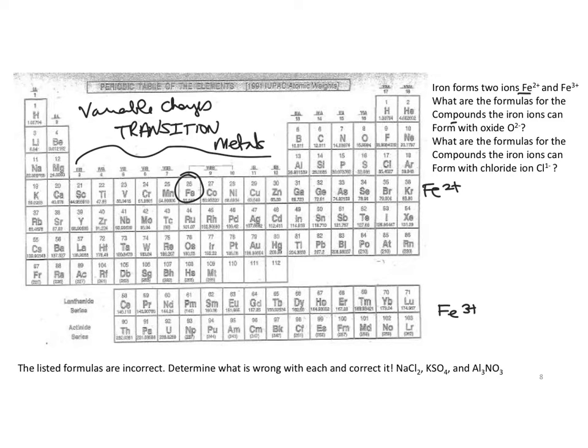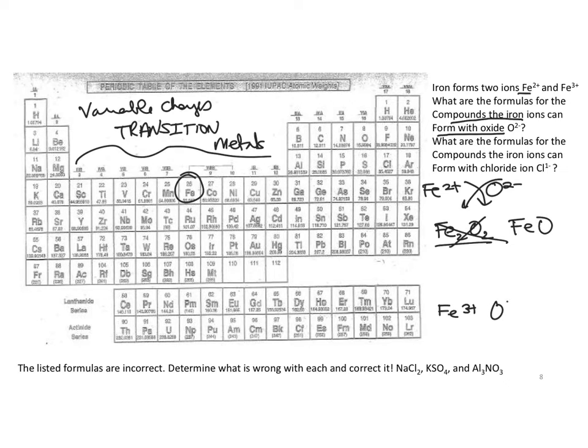And what are the formulas for the compounds if iron forms with oxide? So if you do O2 minus here, you could do Fe2O2, but it's wrong because it has to be simplified into lower terms, because 2 can reduce to 1 there.